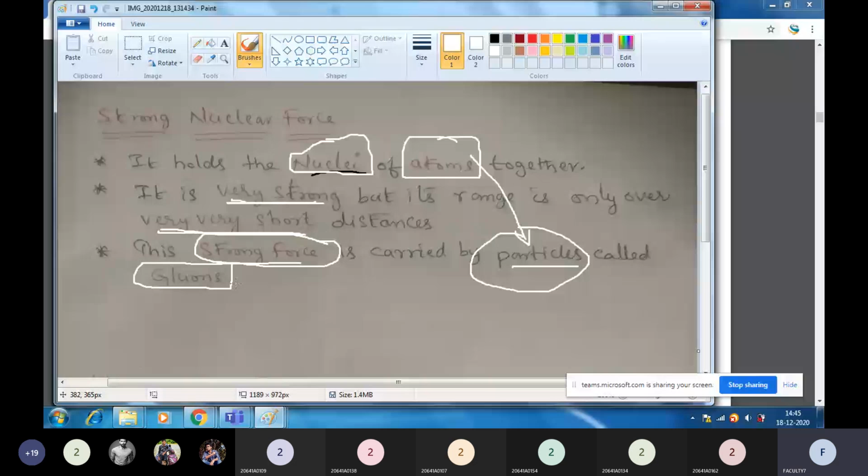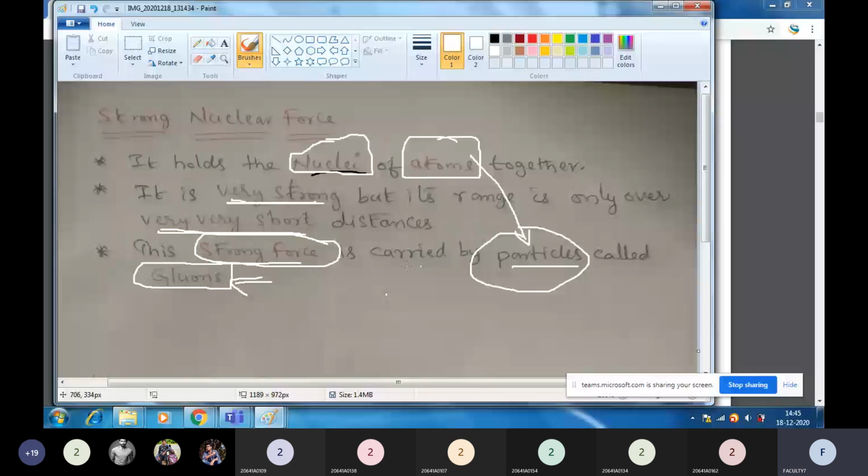These are smaller particles that come under the elementary particles, just like electrons, protons, neutrons. Other particles like quarks, leptons, mesons are also there. Among those, we are going to use gluons as the word representing the particles inside the atom.